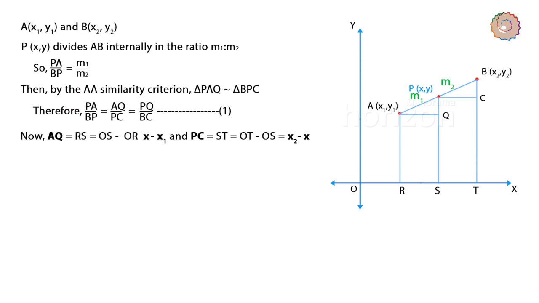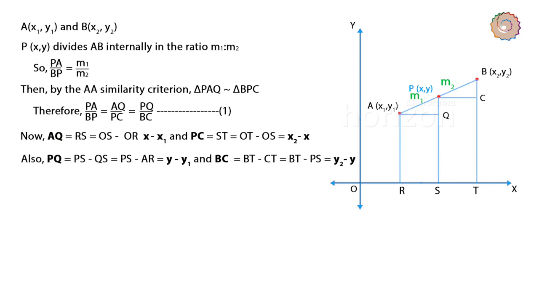Now, AQ equals RS equals OS minus OR, which is x minus x1, and PC equals ST equals OT minus OS, which is x2 minus x.